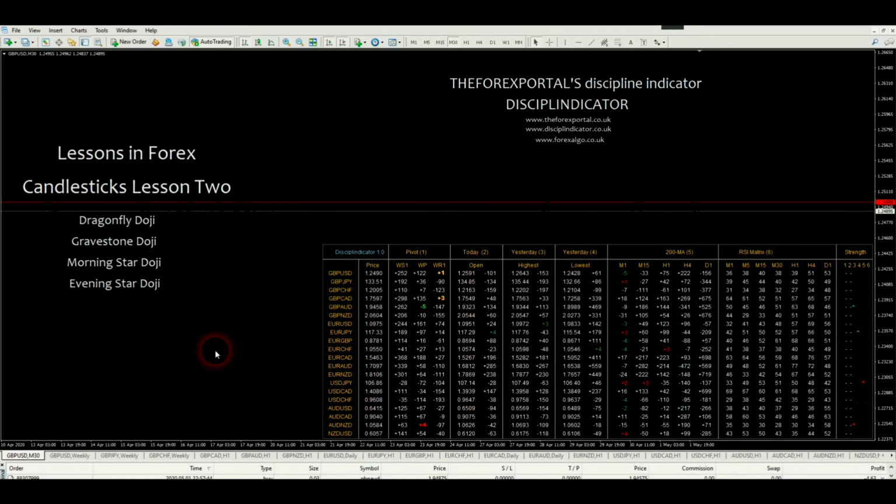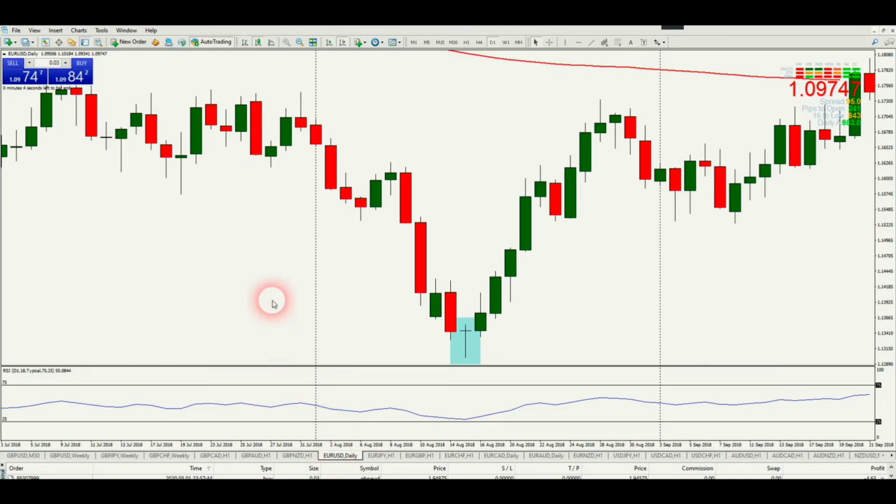The first example we're going to look at is on EUR/USD. This is a daily chart. This is why at the end of every day, before the next daily candle forms, look at today's candle. It will tell you quite a lot, or can tell you quite a lot.